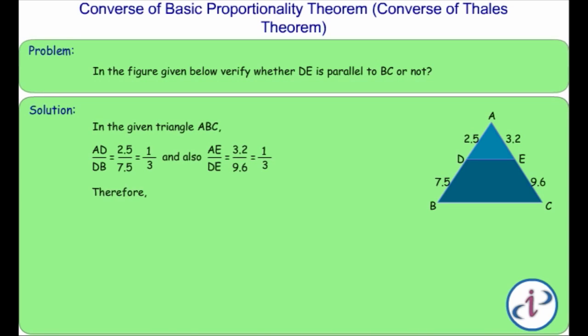Therefore, the ratio AD by DB is equal to the ratio AE by EC. Hence, by the converse of the basic proportionality theorem, DE is parallel to BC.